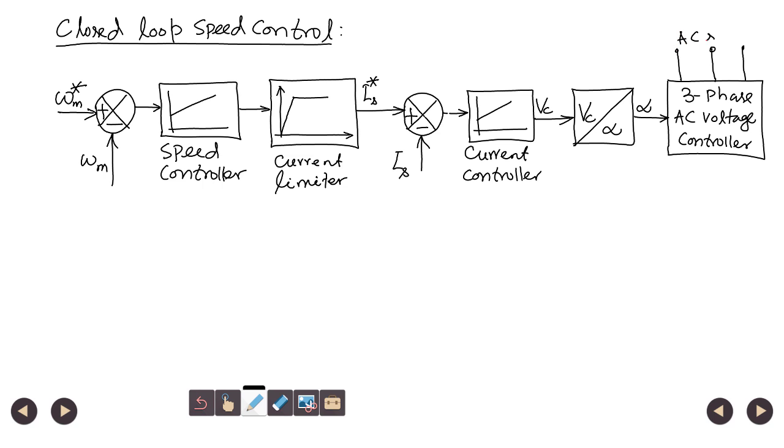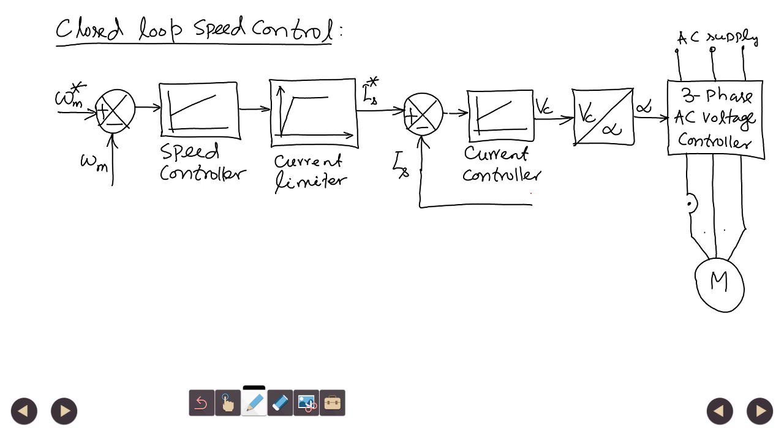AC supply to the controller. This is the motor. This is a diode that allows current in one direction.